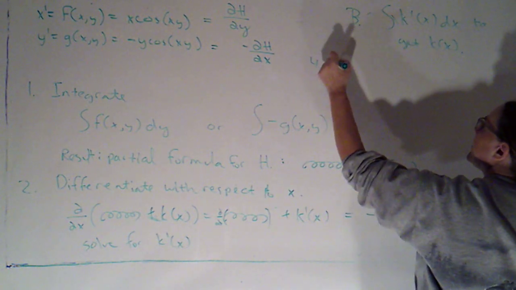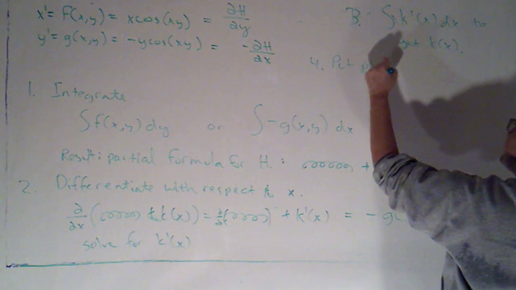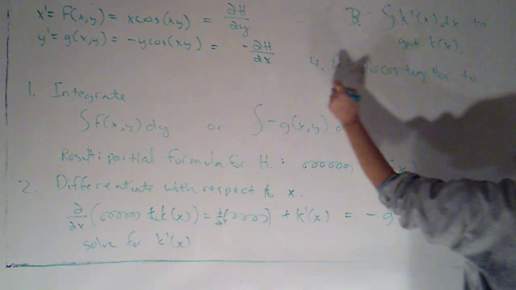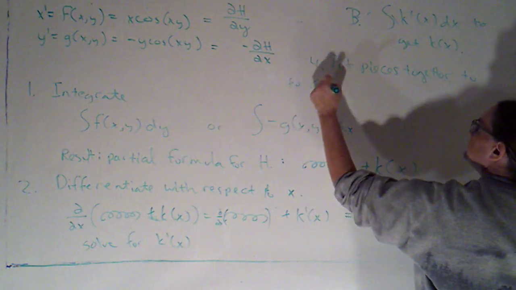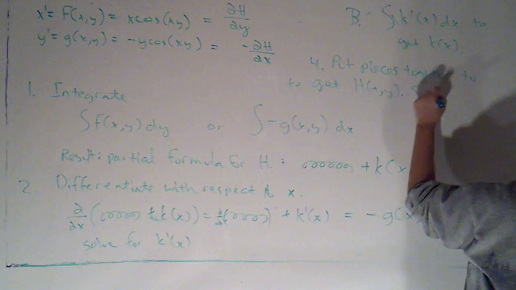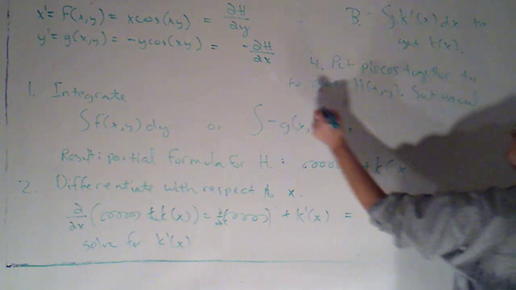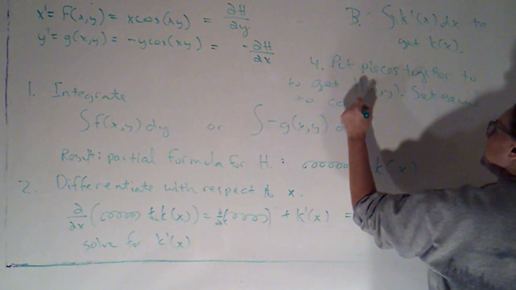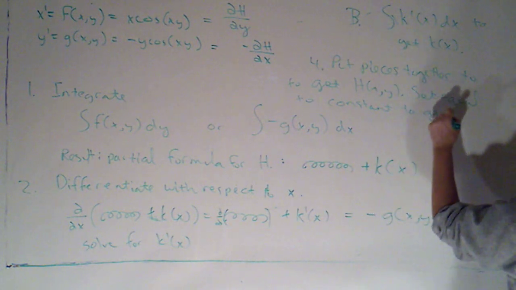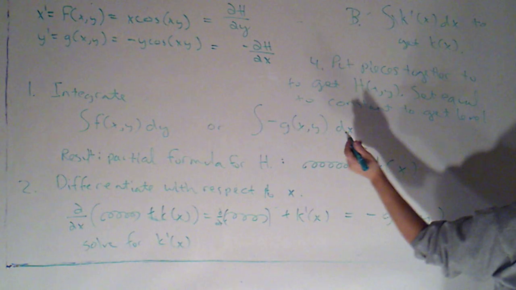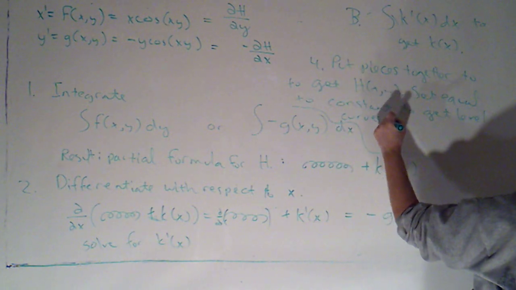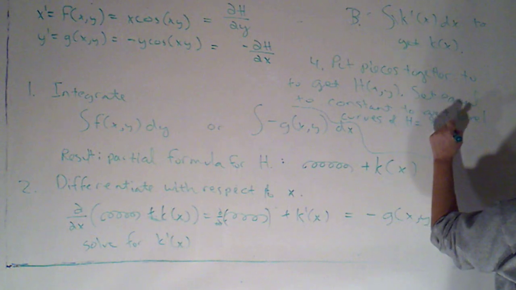And then step 4, put the pieces together to get h of x, y, that's my Hamiltonian function, set equal to a constant to get the level curves of h, which are the solutions to the system.